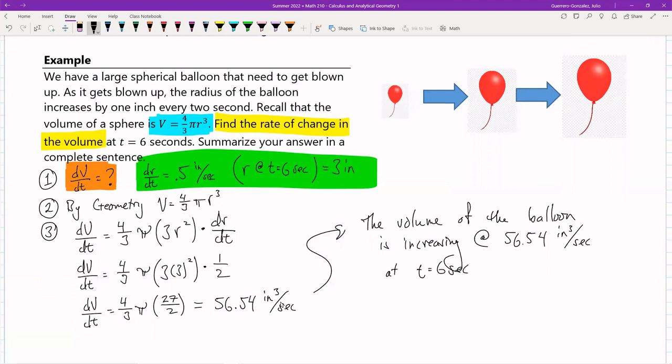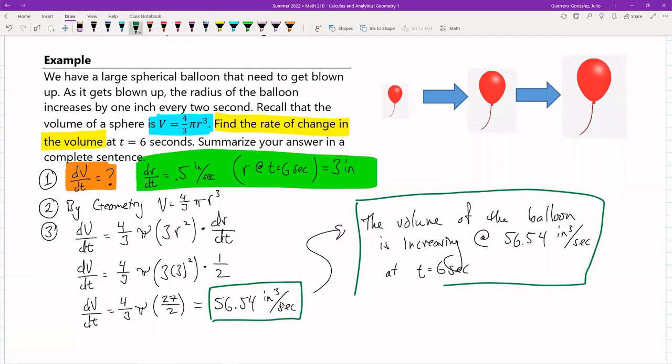So that is what we ended up finding. This is our answer here. I'm just summarizing it in plain old English. We wanted to find how quickly the volume of our balloon is increasing, and this is the answer right here, 56.54 inches cubed per second.